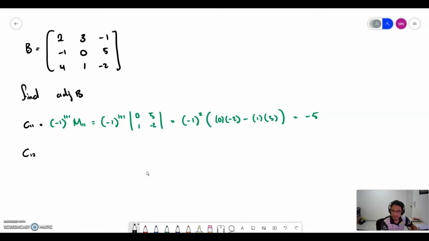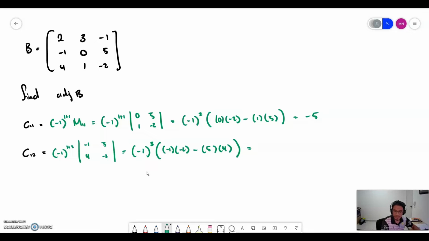Now let's do C12. C12 is -1 to the power of 1 plus 2, and the minor is -1, 5, 4, and -2. So we have -1 to the power of 3, times negative 1 multiplied by negative 2, minus 5 multiplied by 4. Here our cofactor is equal to 18.